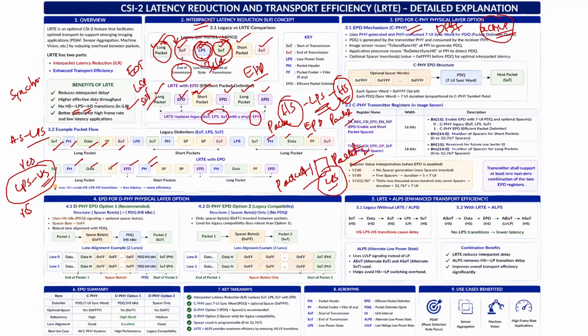Whatever transition is happening in this cycle will cause clock cycles to increase, synchronization time also increases, and energy also increases. So all these things are removed by this LRTE.